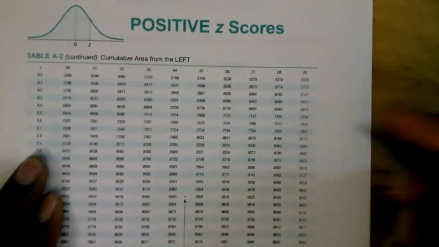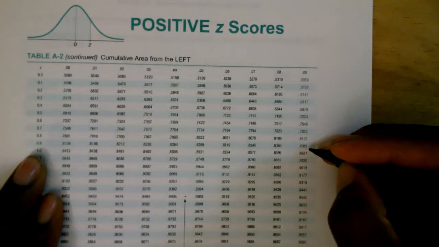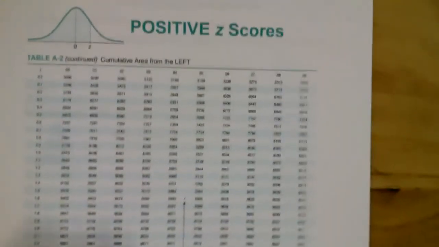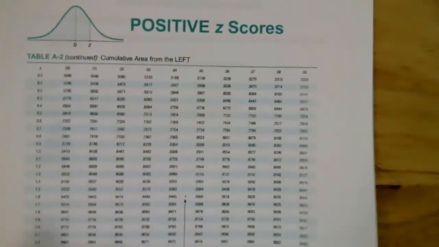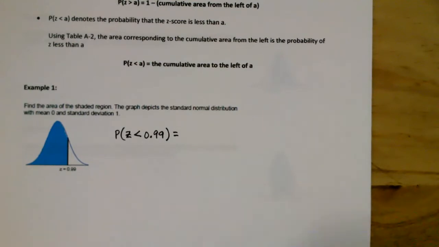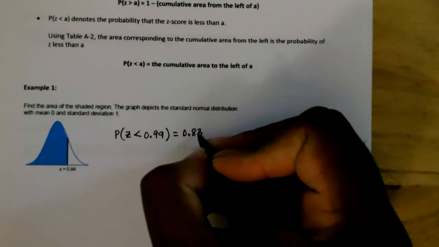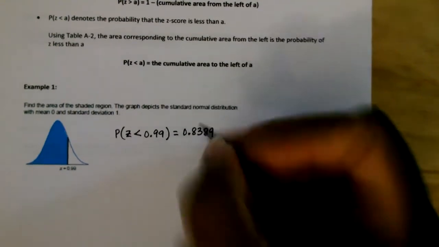Sometimes these tables are hard to read. So that means the probability that our Z value is less than 0.99 would be 0.8389.